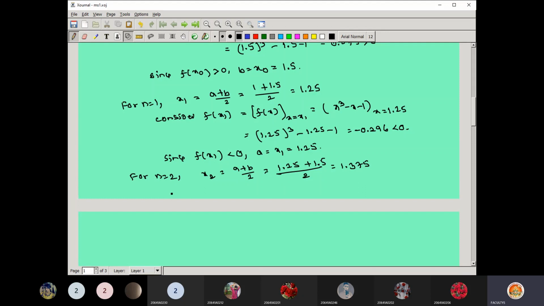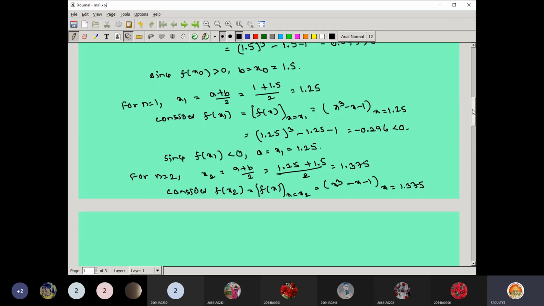1.375. Now you are considering f of x2. That means f of x. There you are substituting x equal to x2. So your f of x means x cube minus x minus 1. Here x equal to x2 means 1.375 you are substituting.